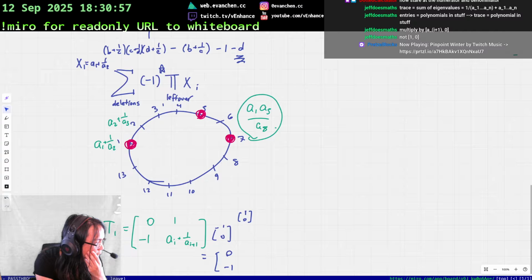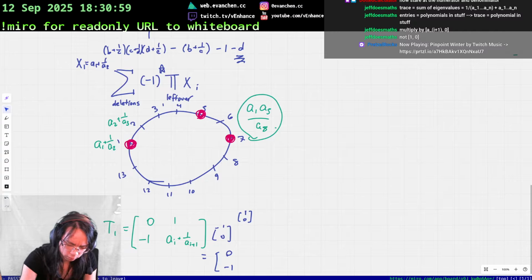Multiply it by a+1. That shouldn't matter, right? Eigenvectors can be scaled, so I think something's wrong.